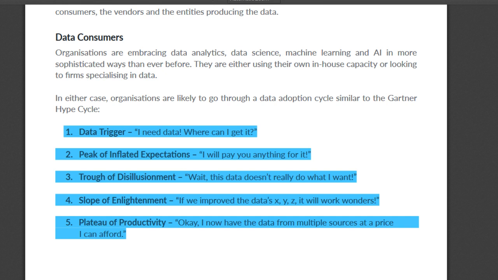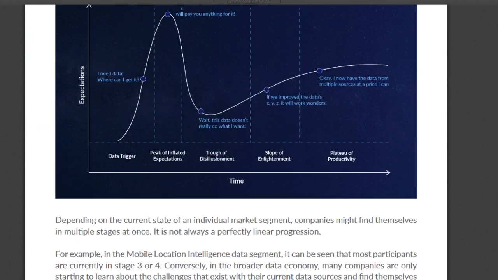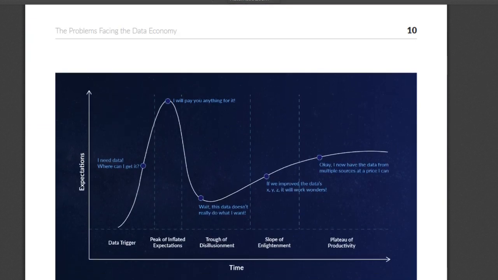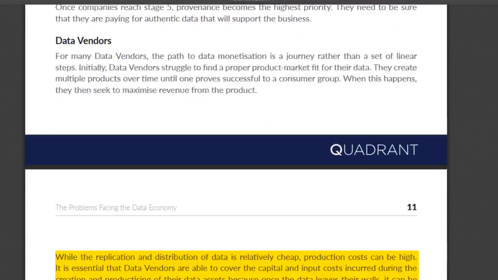Then they realize that if they can pull data from multiple sources and cross-reference, it'll work better. Now they have the data from multiple sources, and they found out what the going rate is for it, so they can continue to roll forward in their project. And they've got a little diagram here. So if you're a visual learner, take a minute and check out the diagram.